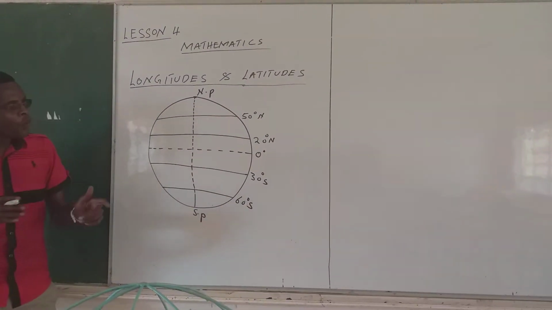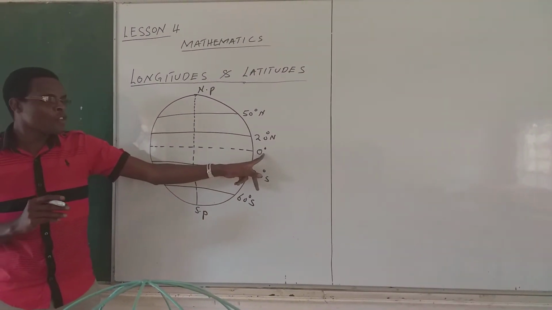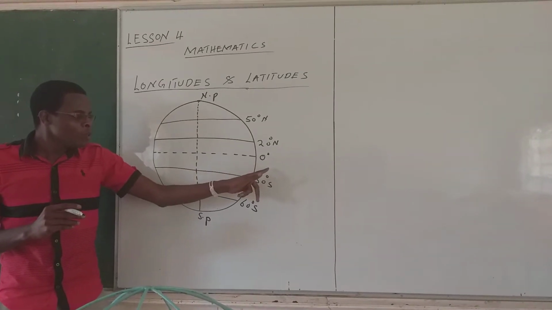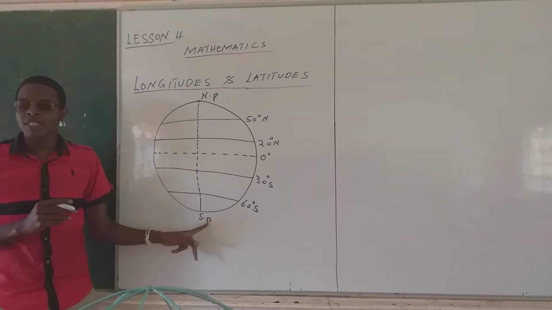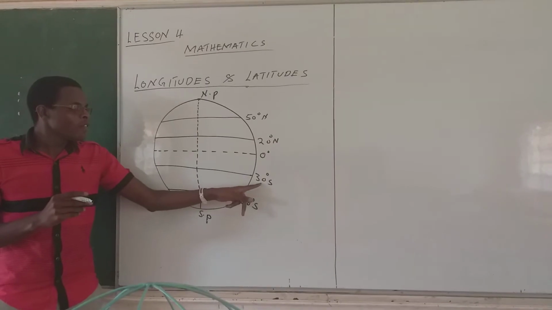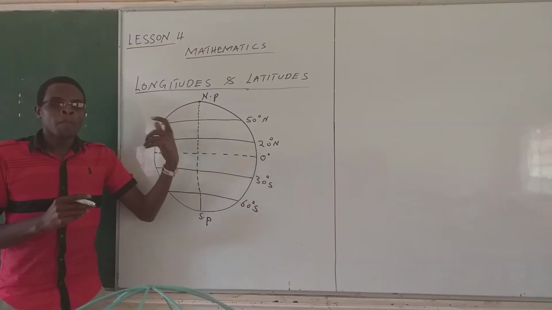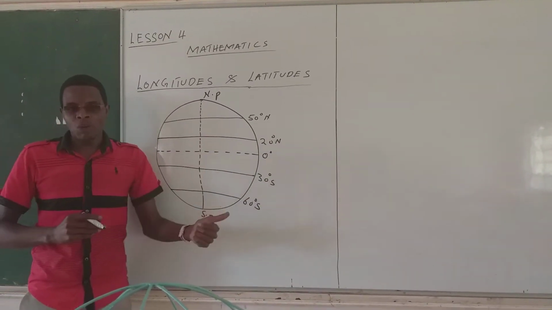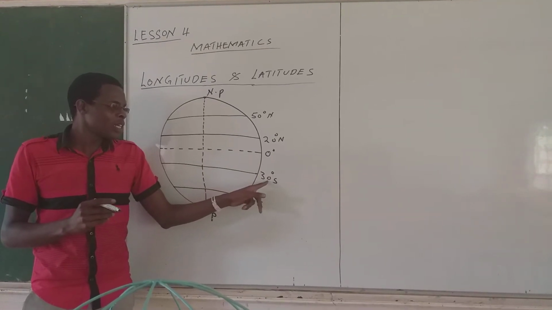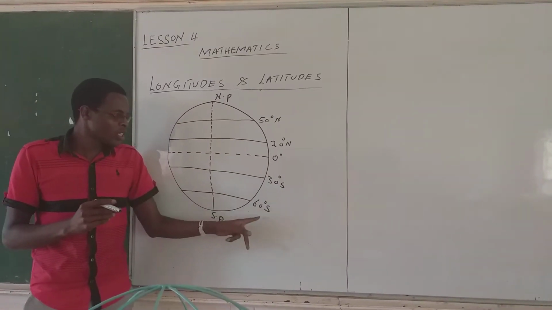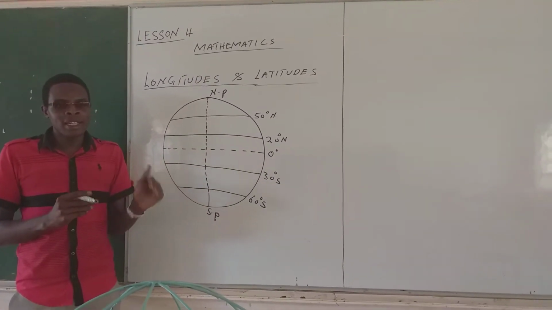From the equator, which is 0, the moment you keep moving towards the south pole, the degree difference keeps increasing, but in terms of south. That is why we have 30 degrees south, maybe 40 degrees south, 60 degrees, up to 90 degrees south.